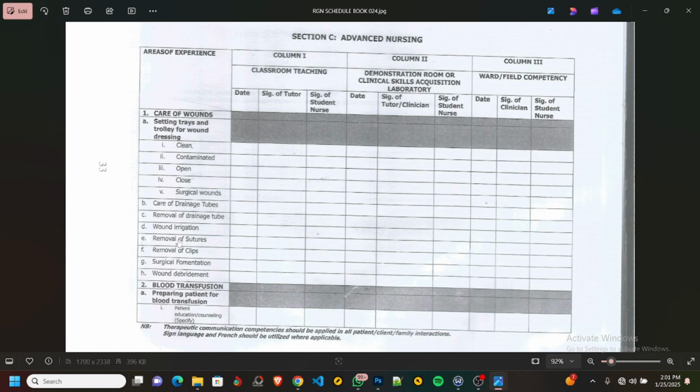And then it goes on and on. You can get wound irrigation, you can get removal of sutures, you can get removal of clips, and all those things. You have wound debridement. All these processes, you would see them, and basically you'll be visiting them under basic nursing, that is in the classroom, and you equally see them under surgical nursing. So depending on which tutor takes you through, you make sure the tutor signs for it.